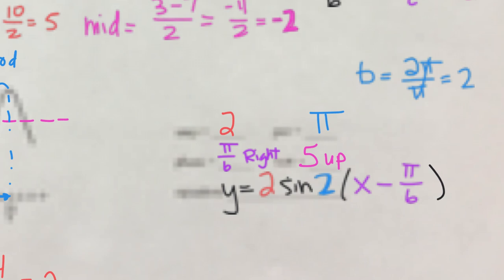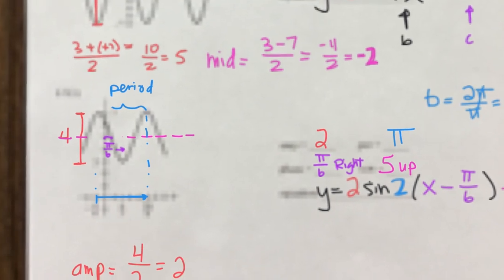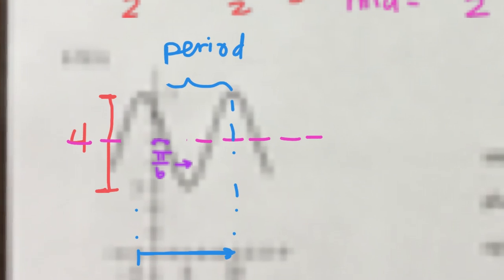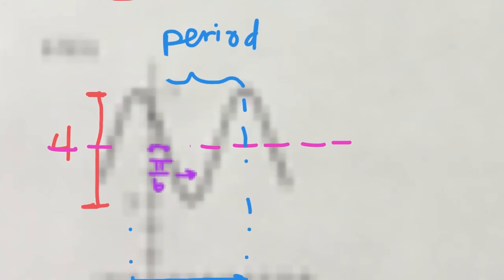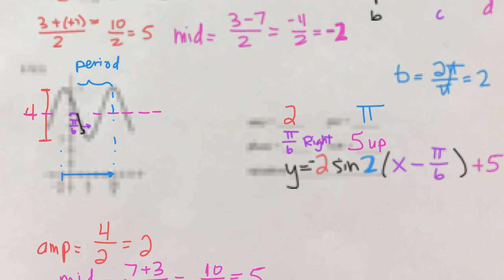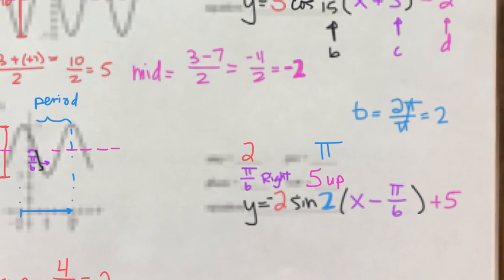And then we have your vertical shift of 5 units up. Now there's one more thing to think about here. If this is a sine graph, sine usually goes up if it's positive, but our graph is going down, which means our sine is going to be a negative 2 sine 2 parentheses x minus pi over 6, plus 5.